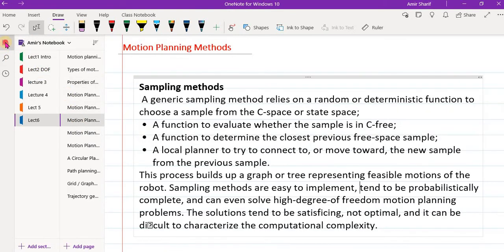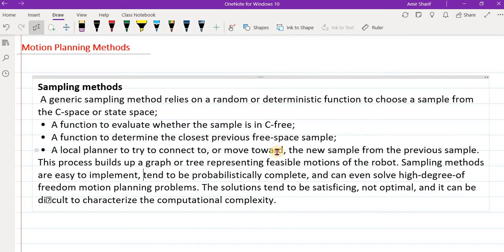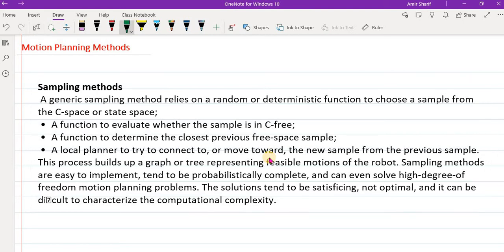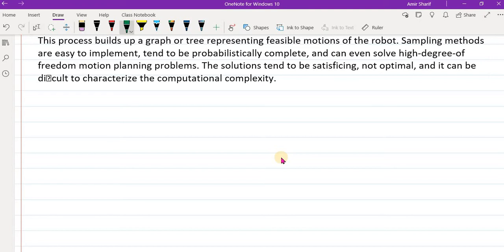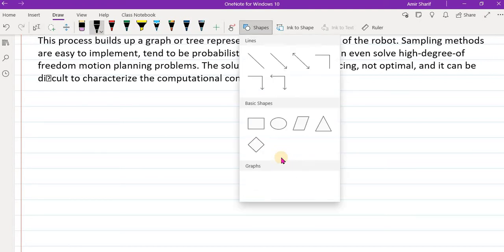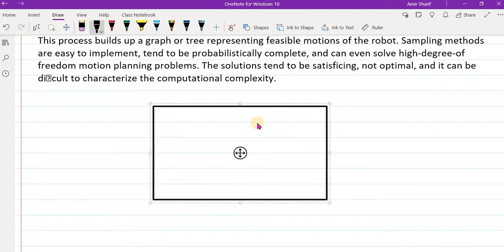Let's move to our next method, which is a sampling method for motion planning. Sampling methods work by taking random samples of your C space. So let's say this is your two-dimensional C space, and let's add some obstacles inside it.